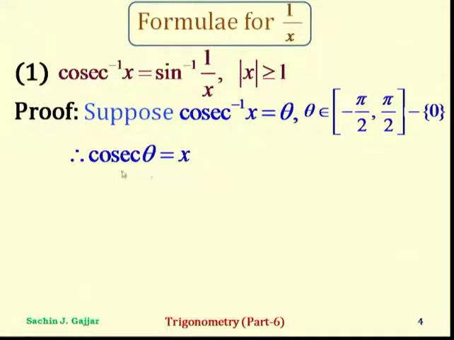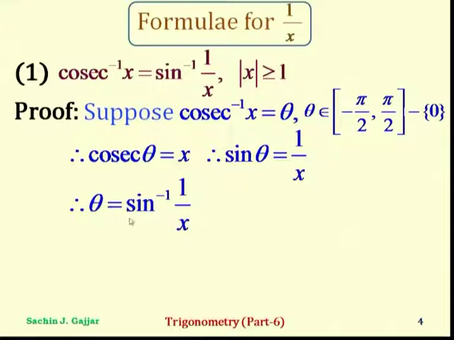Now we all know that cosec theta is nothing but 1 upon sine theta. This is the reciprocal of sine theta. So sine theta is equal to 1 upon x. Okay, now we take this sine to the right side, and it will become sine inverse.